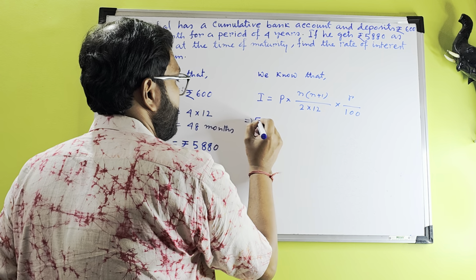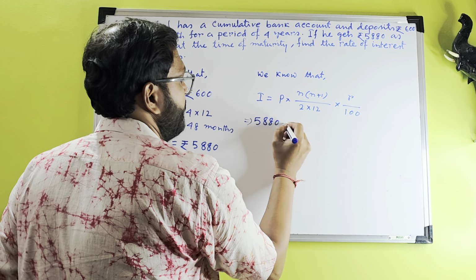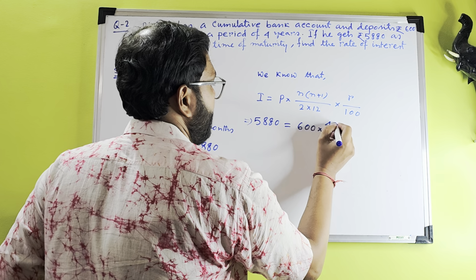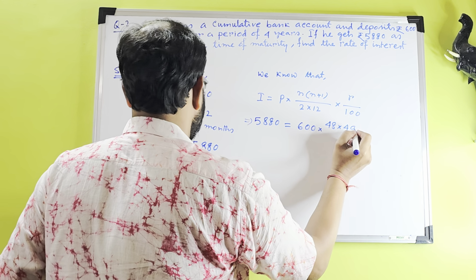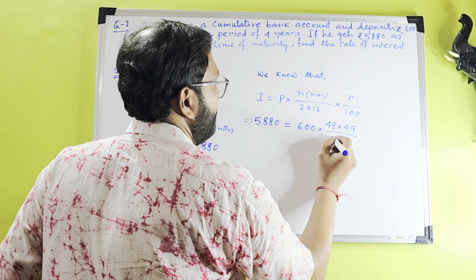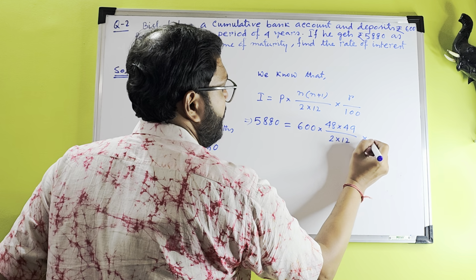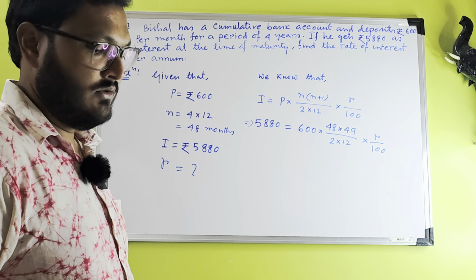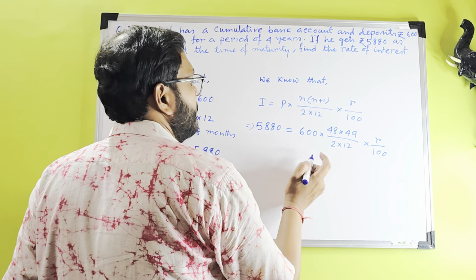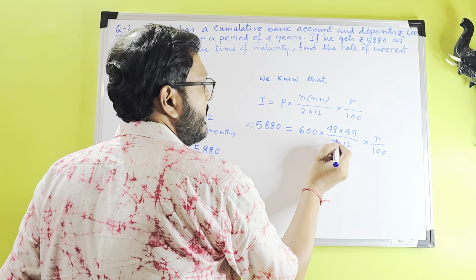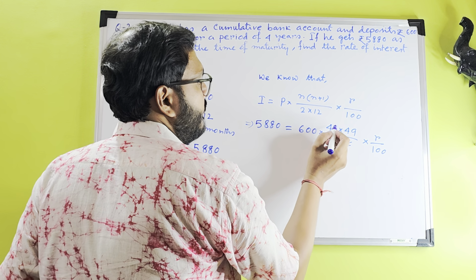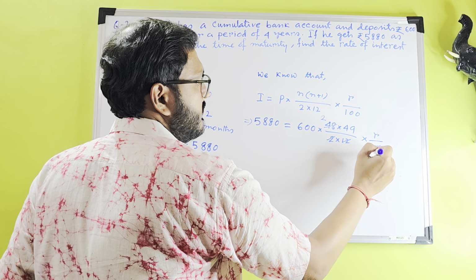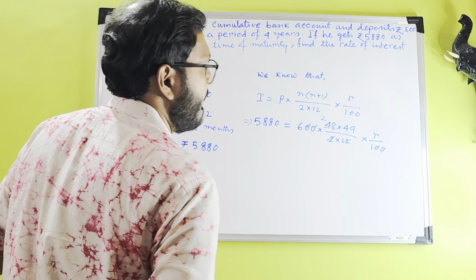So this is 5880 equal to P is 600, N is 48 into 49 by 2 into 12 into R by 100. We have to find R. No issue. So if we calculate it, 24, so 2, this one cancel.